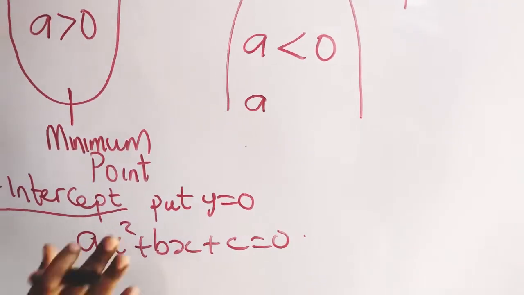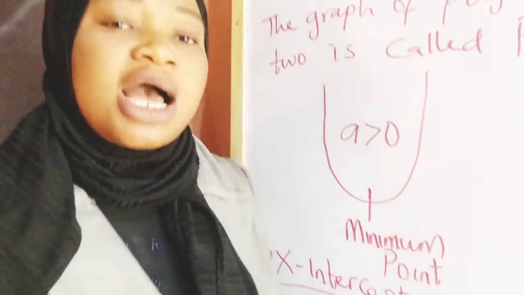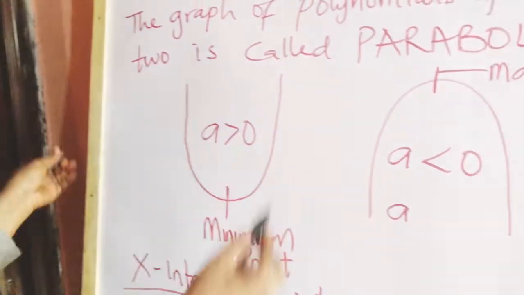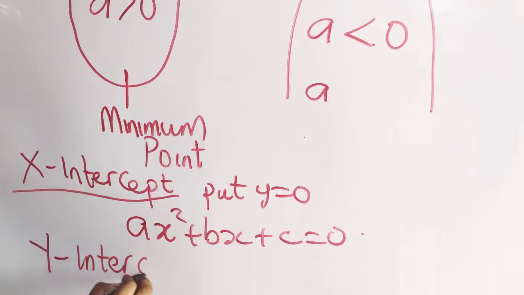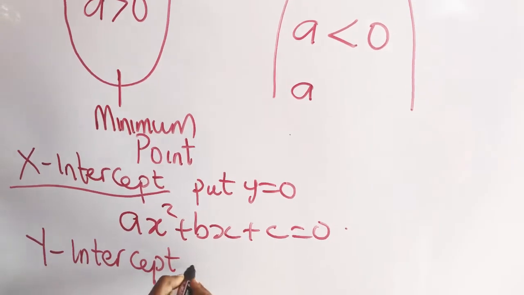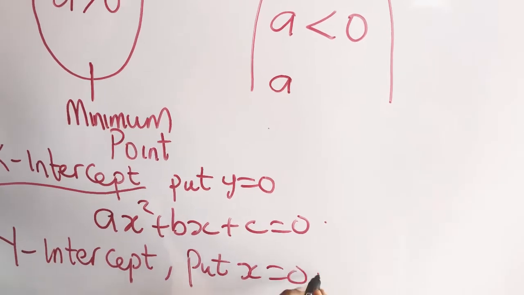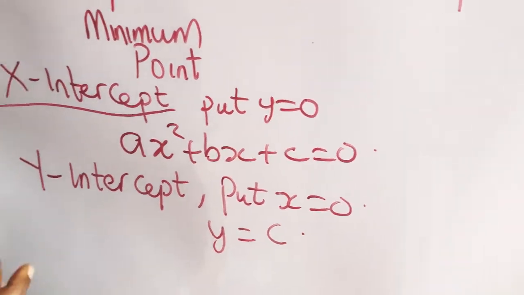So you are going to have two solutions. The values of x gotten are called the zeros of the polynomial. So for the y-intercept, put x equal to 0. That means y will be equal to c. So y is equal to c.